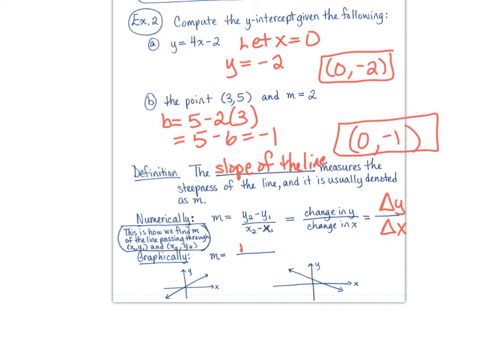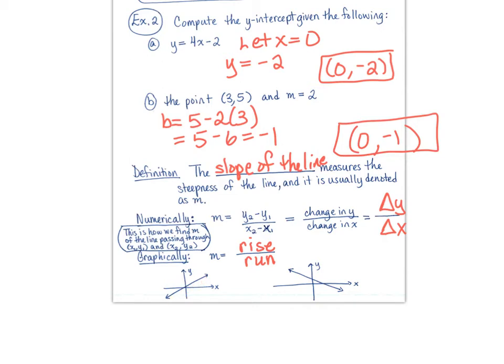Graphically, the slope is equal to rise over run, meaning your numerator tells you how many to rise or to drop, and then your denominator tells you how many to go over, to the left or to the right. So, examples. This line has, is it a positive slope or a negative slope?